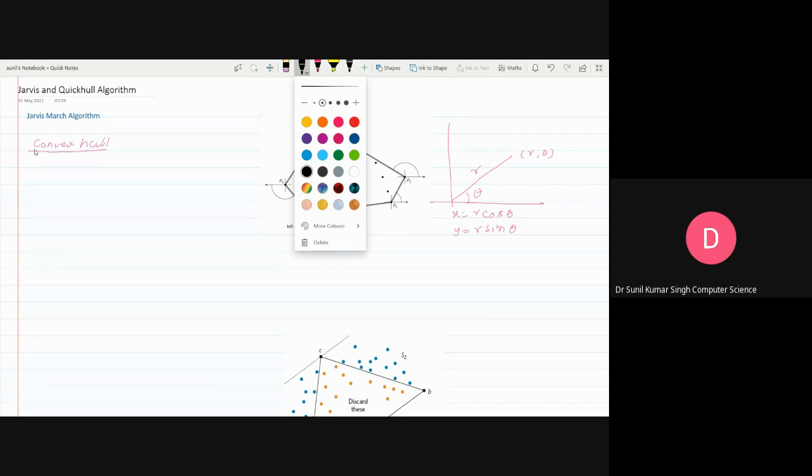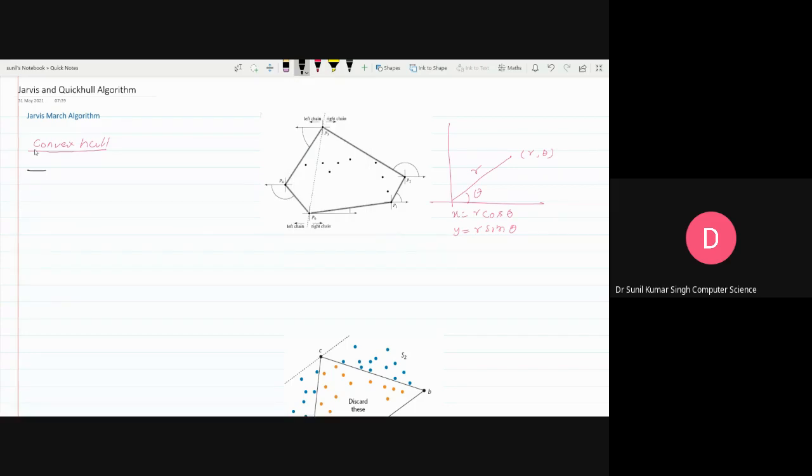So the convex hull is the smallest-area convex polygon covering all the points. You can define it this way also. It is based on the concept of gift wrapping.